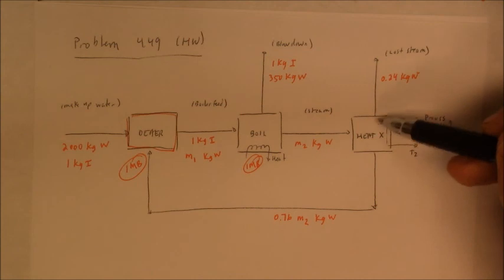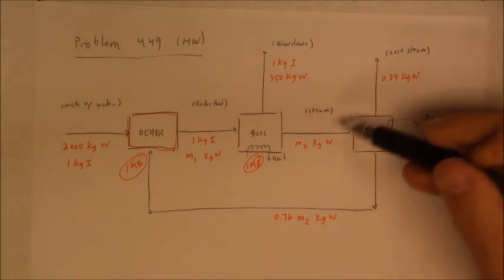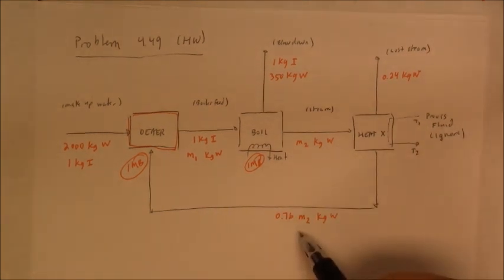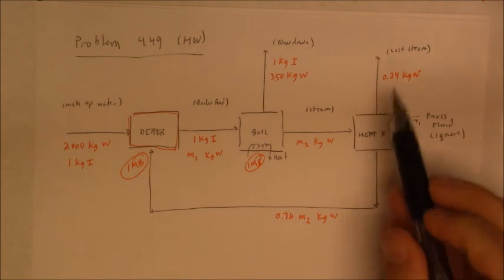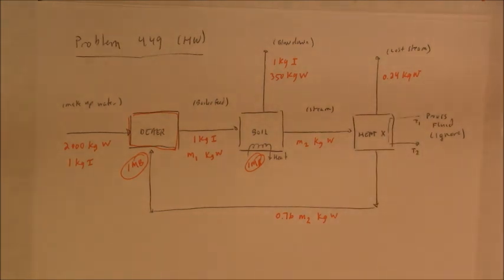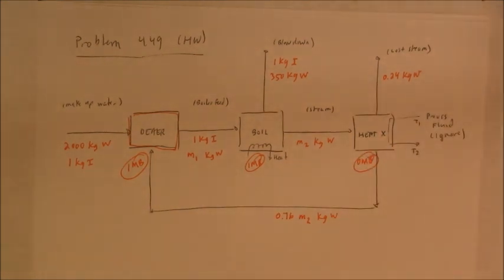Around the heater, we only have one species, water. I used the process constraint that 76% is recycled back, but then I also used my material balance to get that 0.24 water comes out as steam. So around the heater I actually have 0 material balances that I can use.